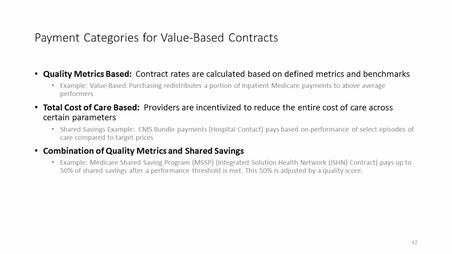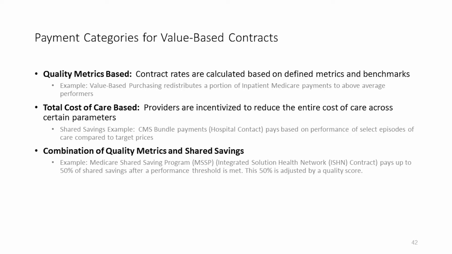It redistributes a portion of inpatient Medicare payment to above average performers. We talked a few minutes ago about being penalized if you, as a hospital, did not meet those metrics. The penalties and the reduction of the payment get redistributed to healthcare organizations that are performing above the expected quality. Total cost of care based, providers are incentivized to reduce the entire cost of care across certain parameters.